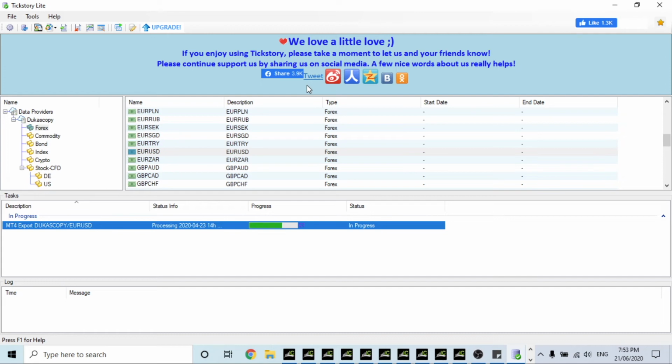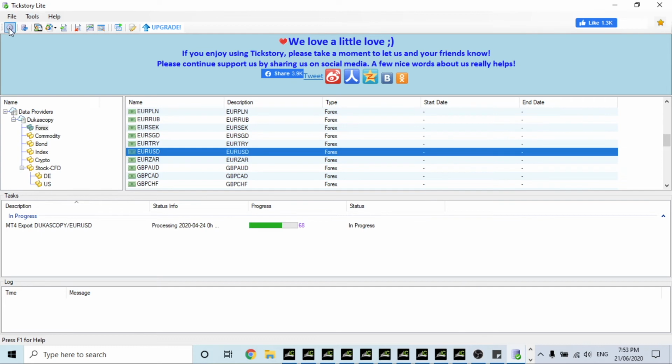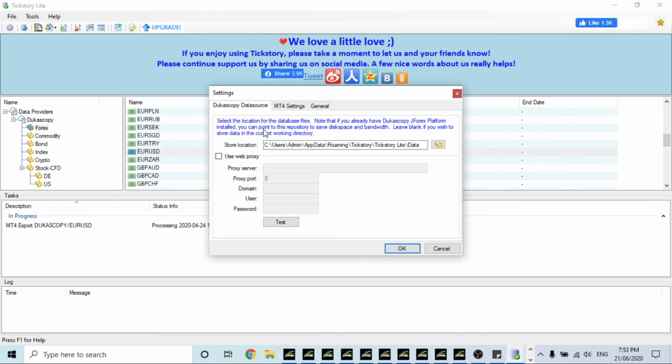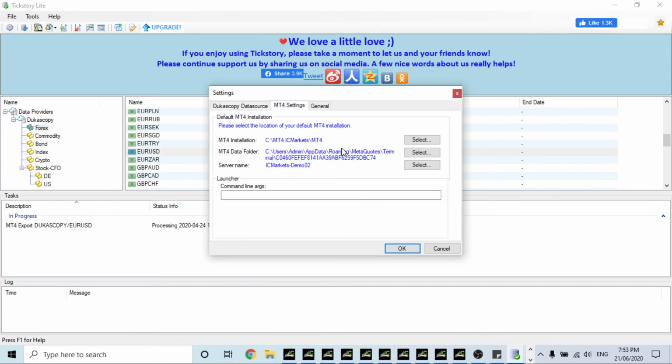So right now I have EURUSD downloading. All you do is you download TickStory, you go to settings, you select where your MT4 installation is that you want to do your backtesting on. Make sure it is connected to a demo account and all up and running.